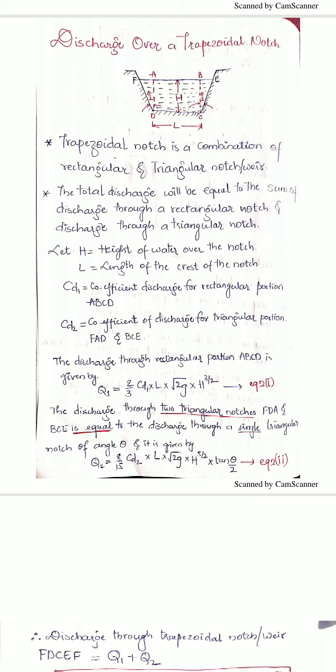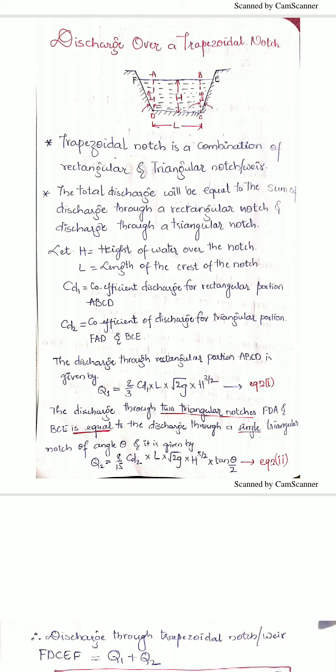We already know the discharge for a rectangular notch; I call it Q1 equals 2 by 3 CD1 into L into square root of 2g into H to the power 3 by 2. This is equation number 1.